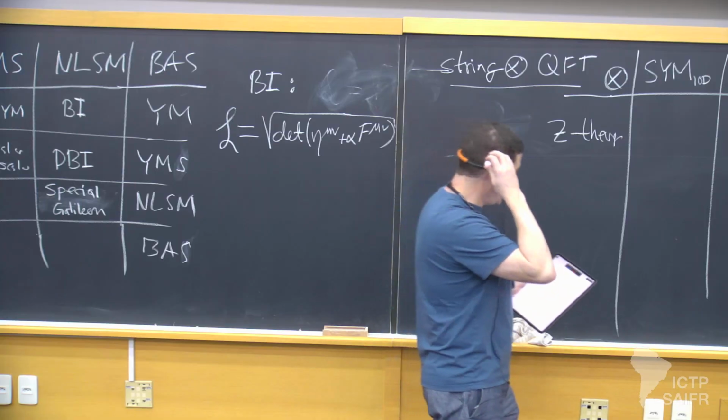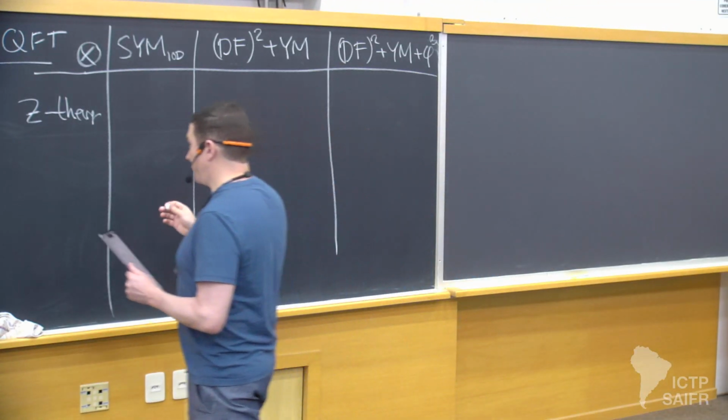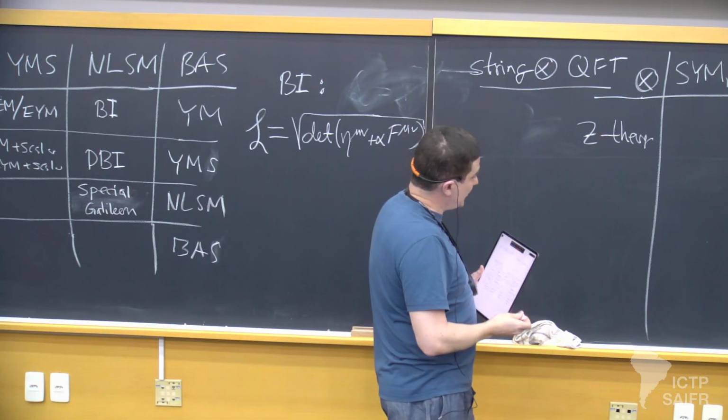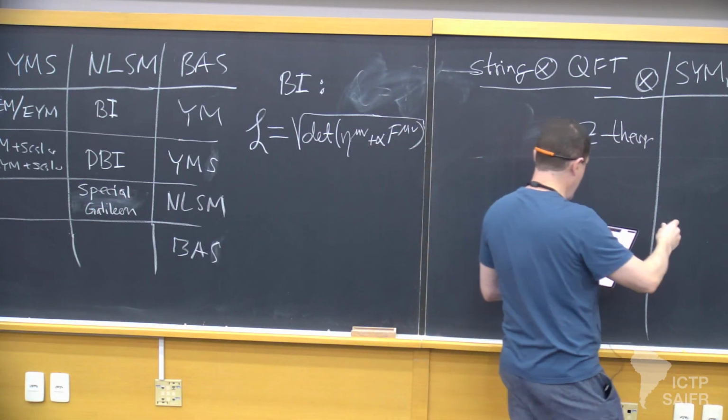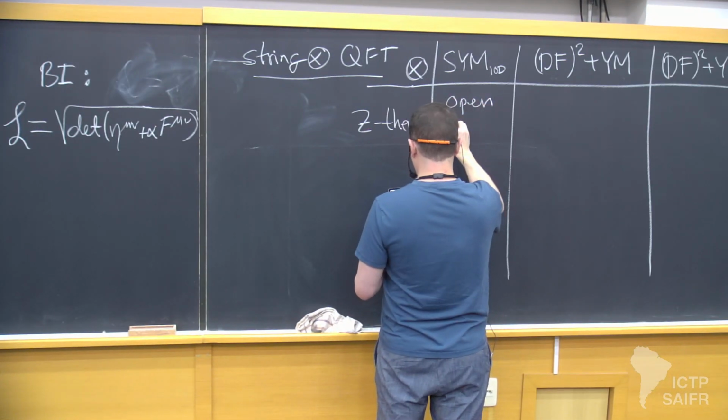It depends on alpha prime, and it was useful for getting the superstring amplitude once you double copy with super Yang-Mills. So that's actually the first entry here: open superstring.